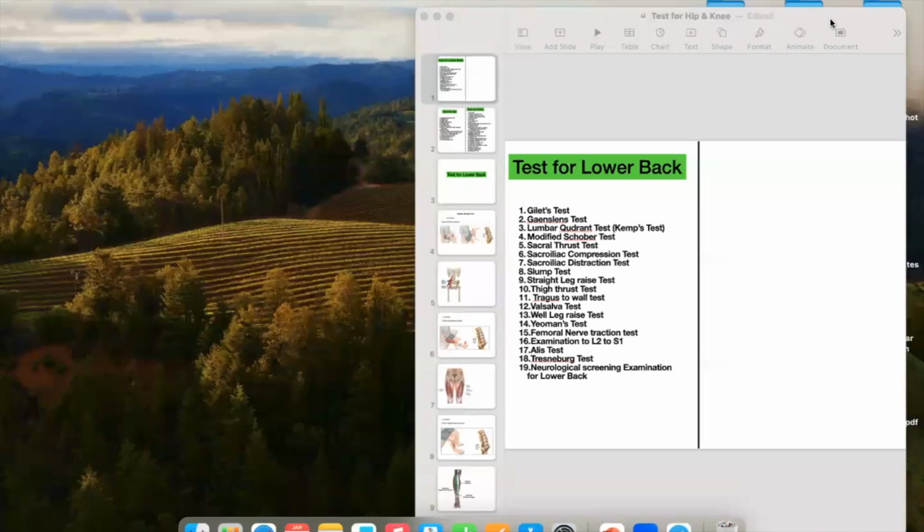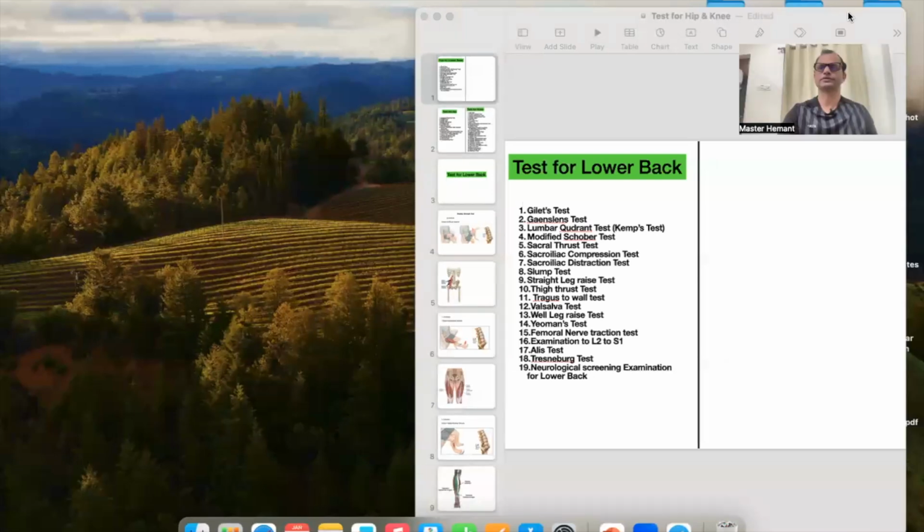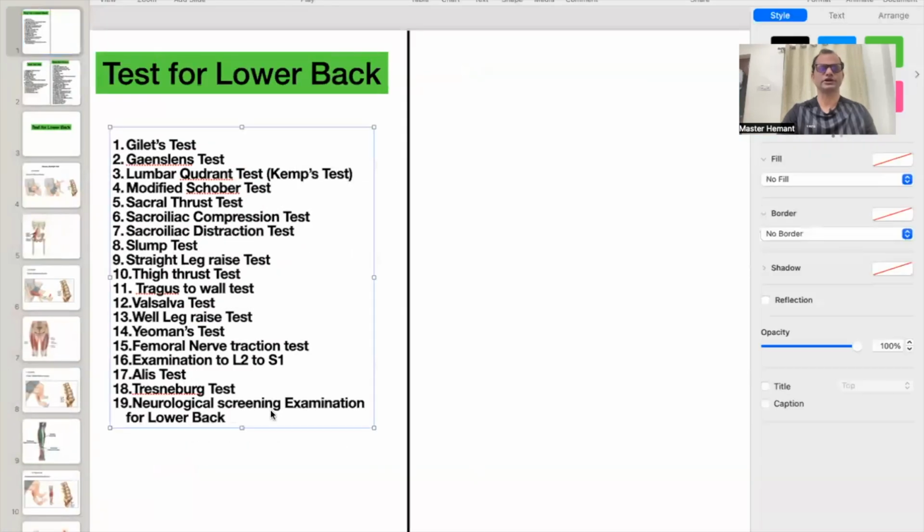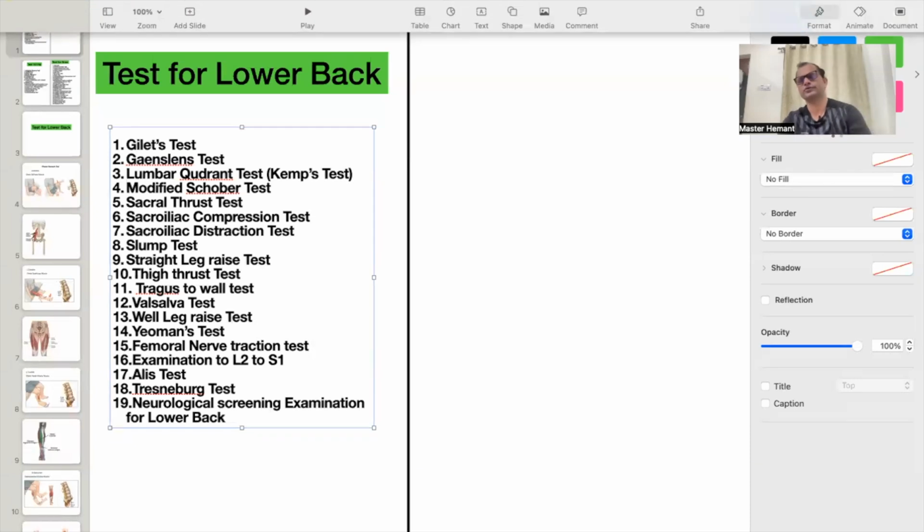So there are too many tests we are doing for this. ये सब नाम है उन टेस्ट के. ये लोअर बैक में इतने सारे टेस्ट किए जाते हैं just to find out which muscle is involved, which vertebra is involved, which nerve is compressed.